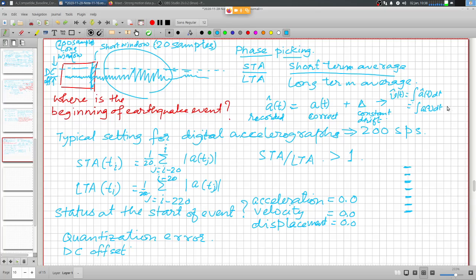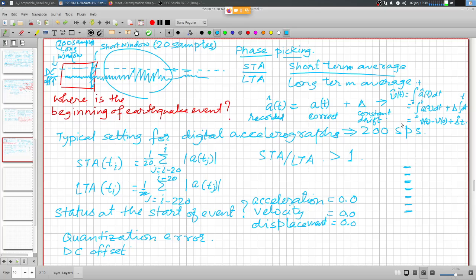plus delta times dt, and this is of course from 0 to t. This is obviously V(t) minus V(0). So that is the difference between the final velocity and initial velocity, plus delta t.